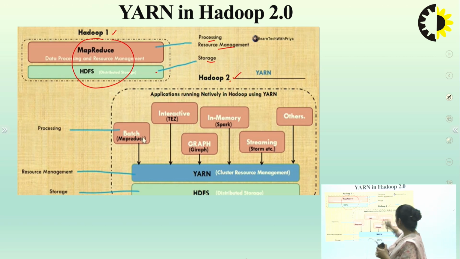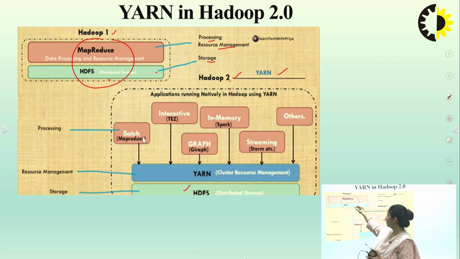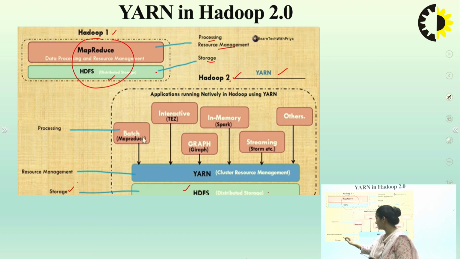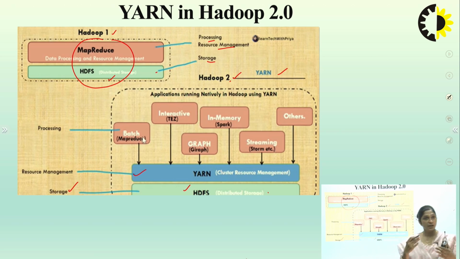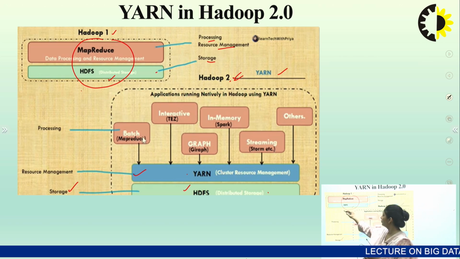While in Hadoop 2.0, after introducing YARN, HDFS is the same as in Hadoop 1.0, and we use it for the storage purpose. But here we can see YARN is the next component. This was introduced in 2.0; it was not in Hadoop 1.0.